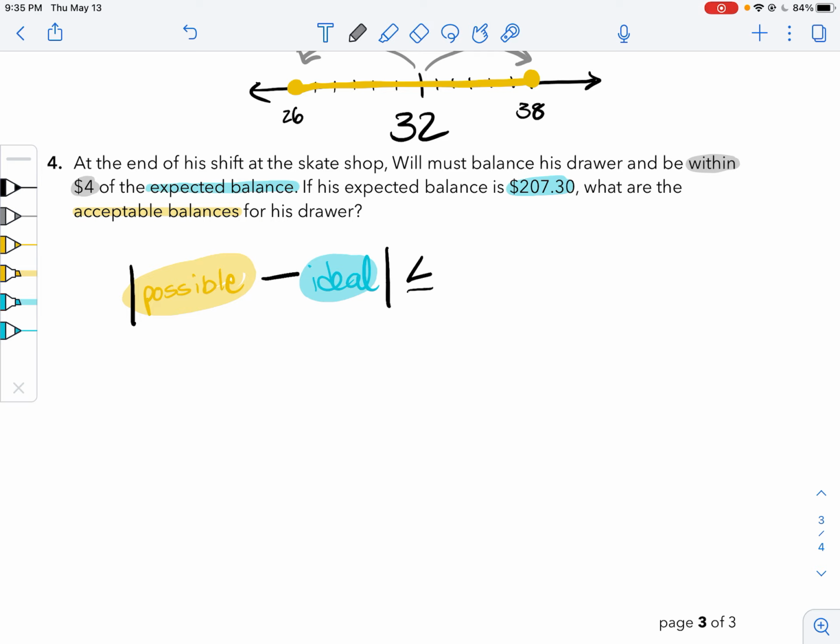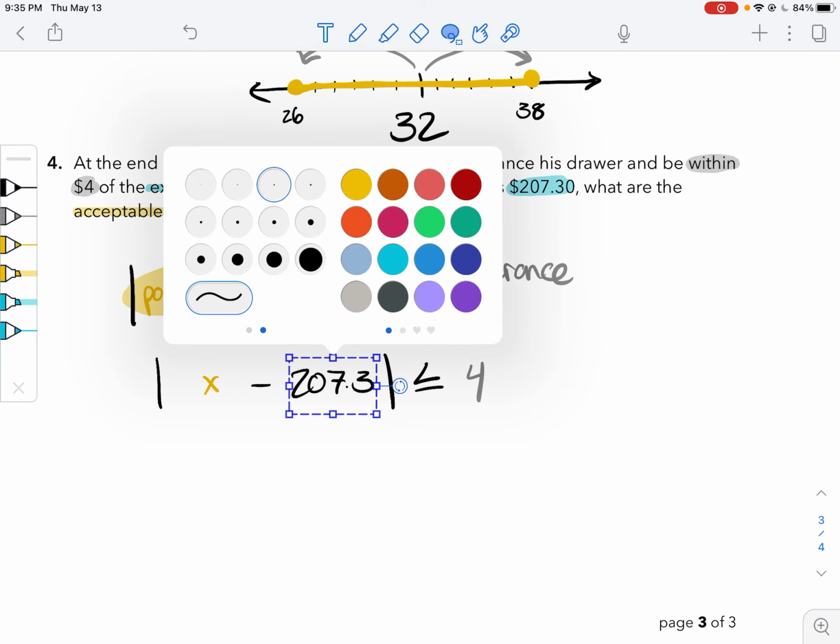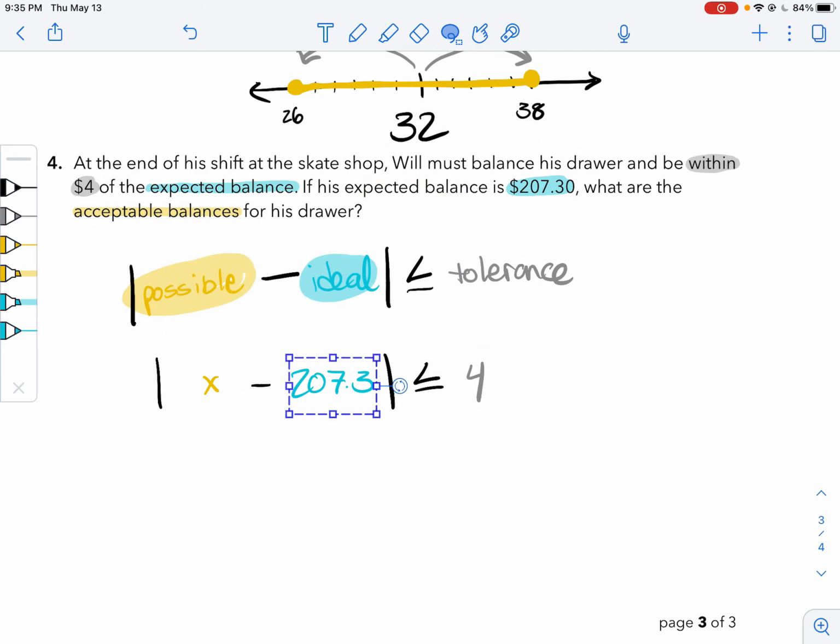And our tolerance today is 4. So that'll give us the absolute value of X minus 207.3 is less than or equal to 4. Awesome. And now we solve it.